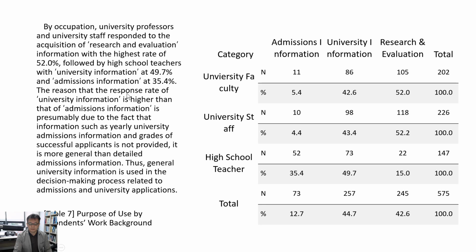The reason that the response rate of university information is higher than that of admissions information is presumably due to the fact that information such as yearly university admission information and grades of successful applicants is not provided. It is more general than detailed admission information. Thus, general university information is used in the decision-making process related to admission and university applications.